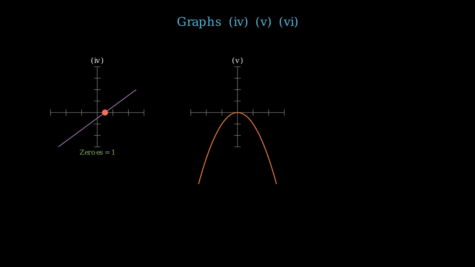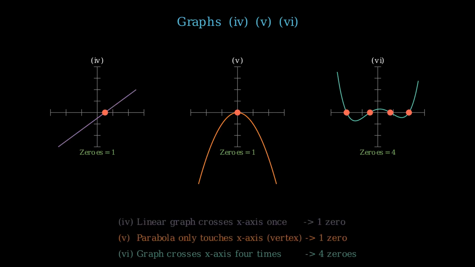A linear graph always has exactly 1 zero, so this has 1 zero. Graph 5 shows a parabola whose vertex sits exactly on the x-axis. It touches the x-axis at just one point but does not cross it. This is a repeated root, giving 1 zero.